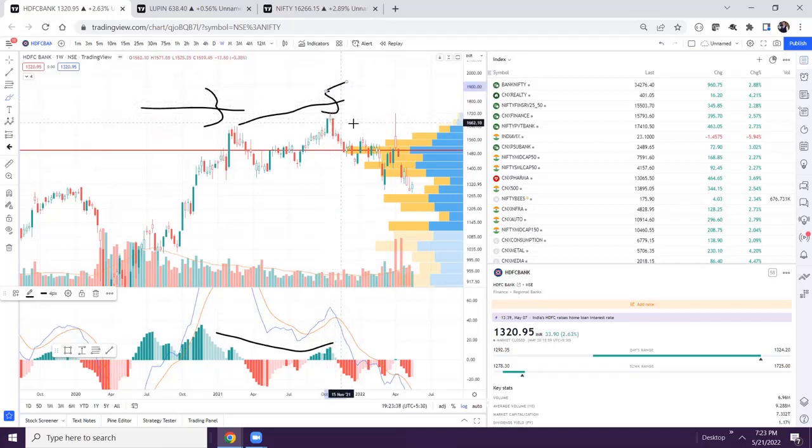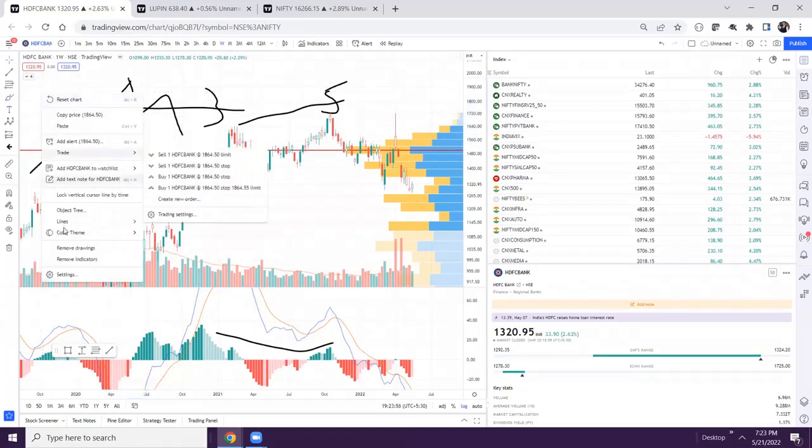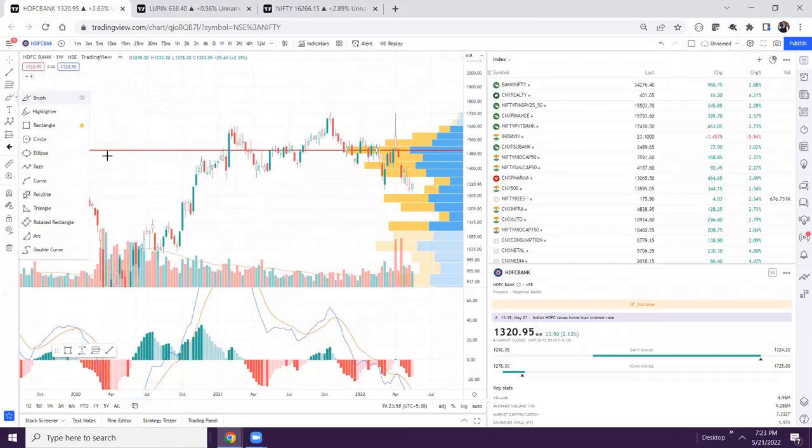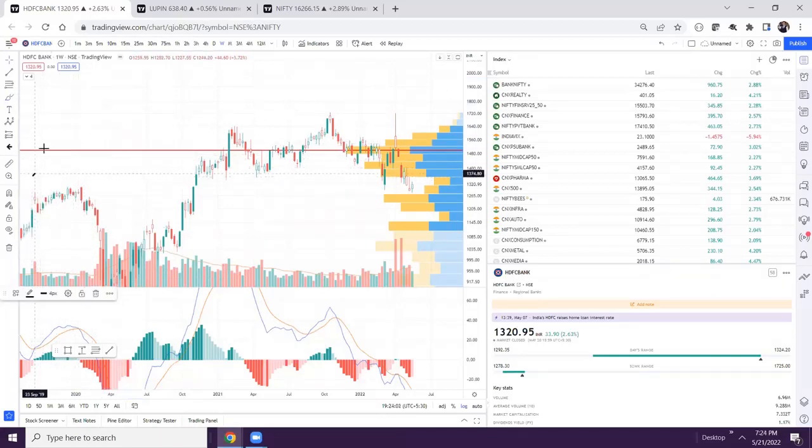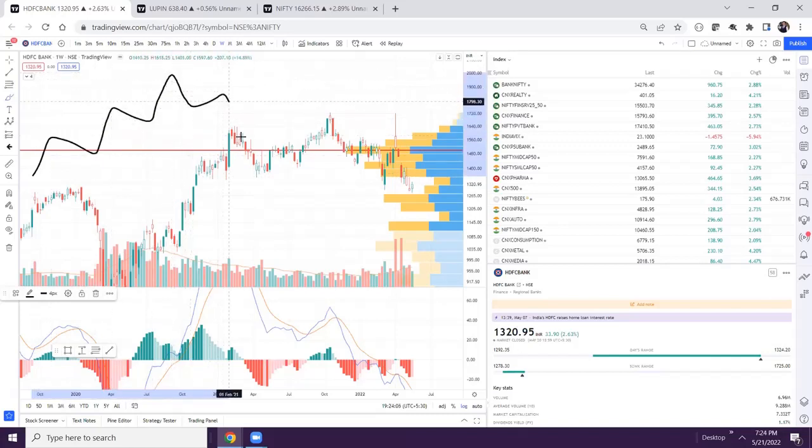After the fifth wave, as per Elliott, what sort of wave will come? At the start we saw that after an impulse move there will be ABC. At the start we studied that there is a 5-wave structure, and after that there is a 3-wave correction.